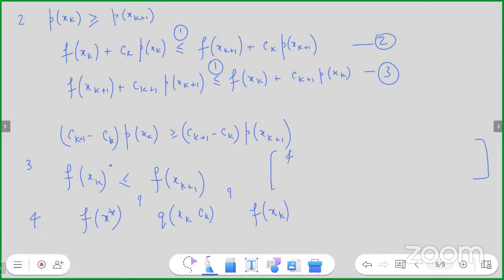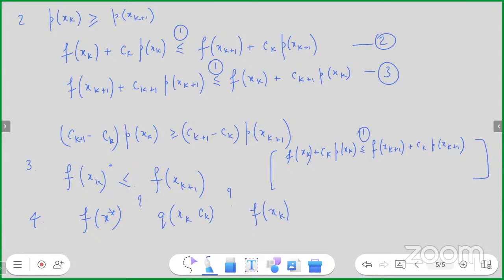So by 1 again, what do you get? This is true from 1. Can you finish the proof? I want this. Third one, yeah. This we know. Can you use that to finish the proof?